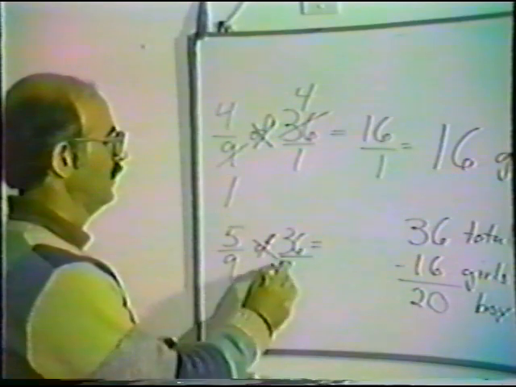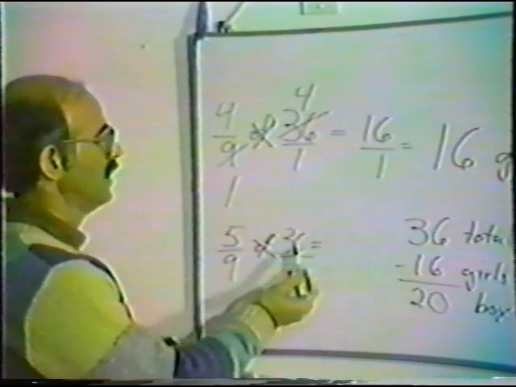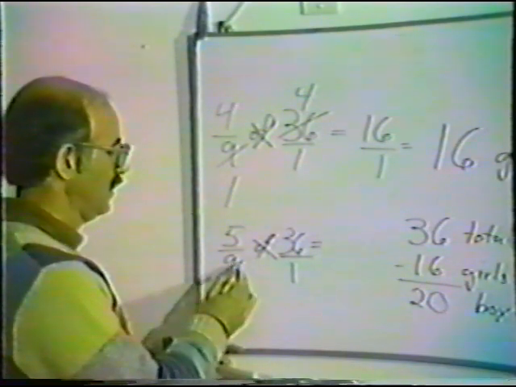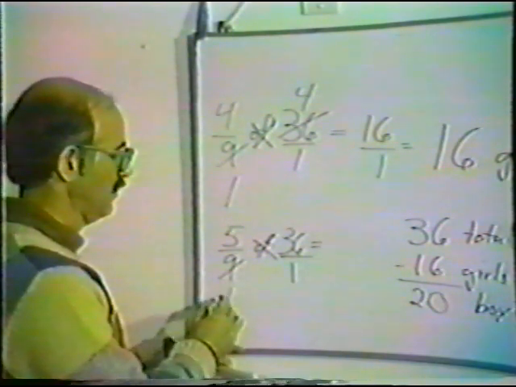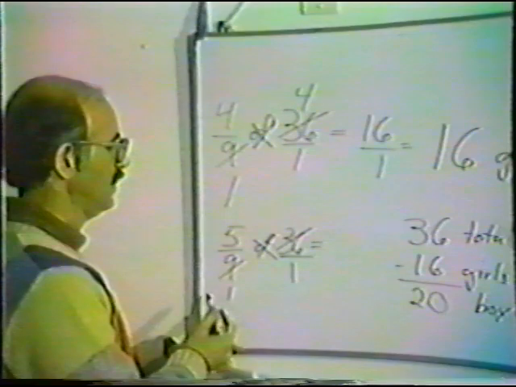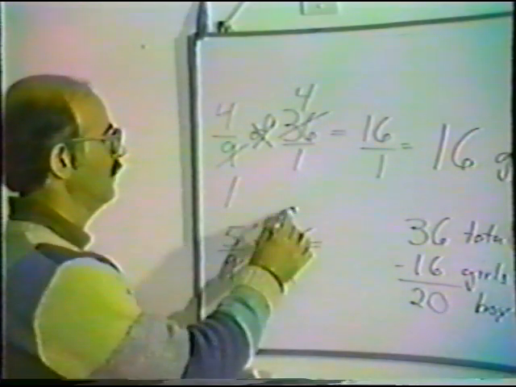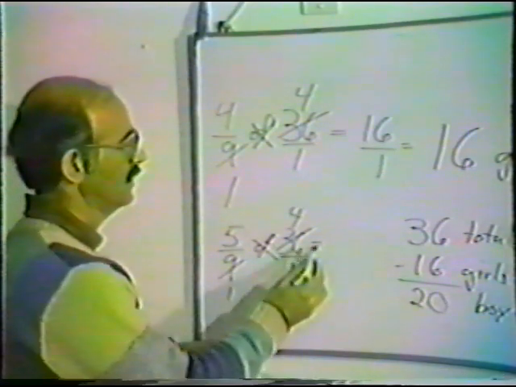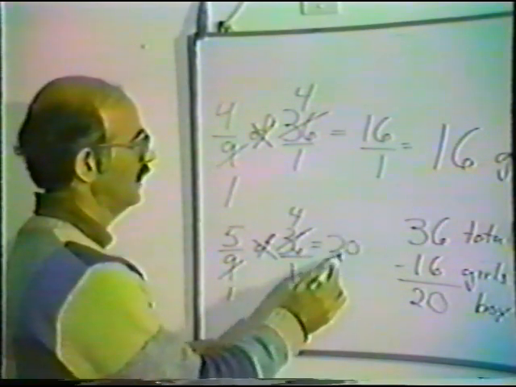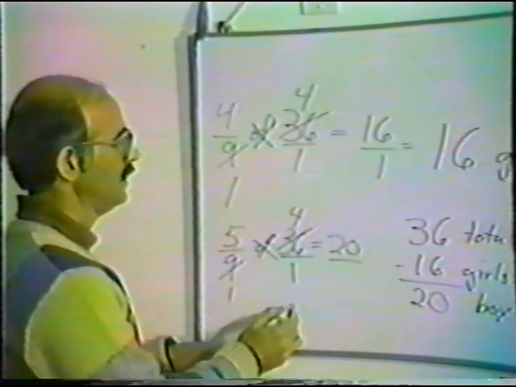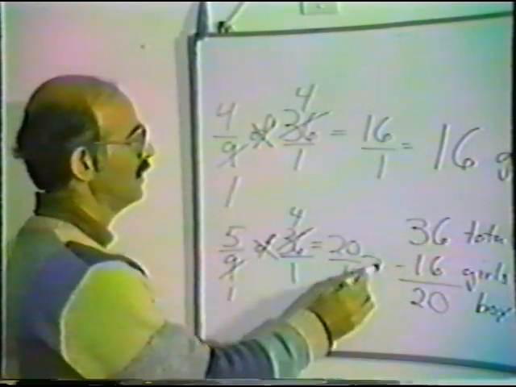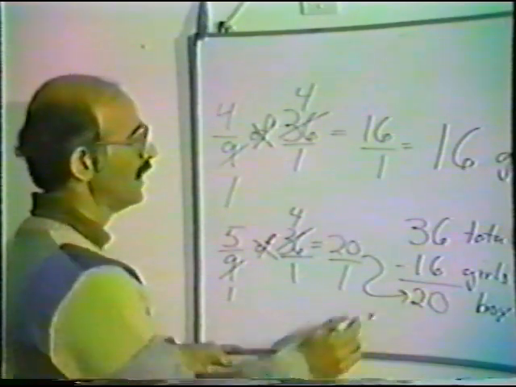What do we do with the 36? Put it over 1. And we cancel the 9 and 36. We hit them with 9. 9 into 9 is? 1. 9 into 36 is? 4. 5 times 4 is? 20. 1 times 1 is? 1. And 20 over 1 is 20.